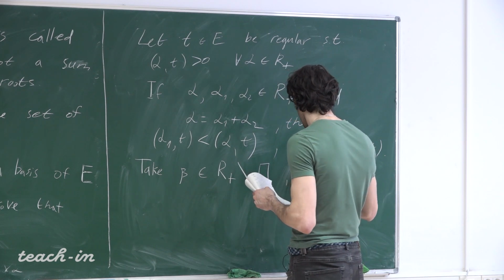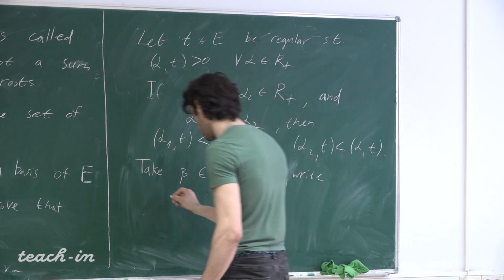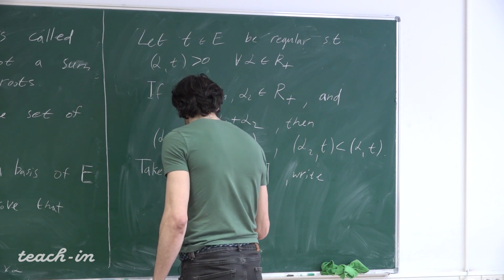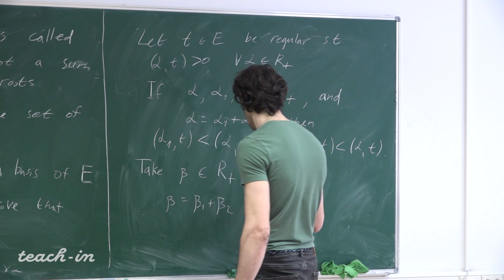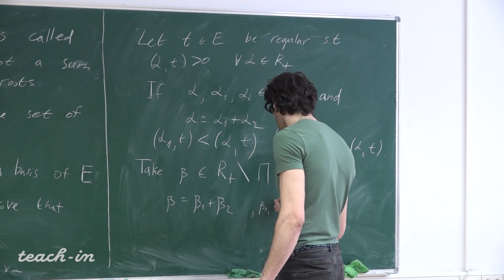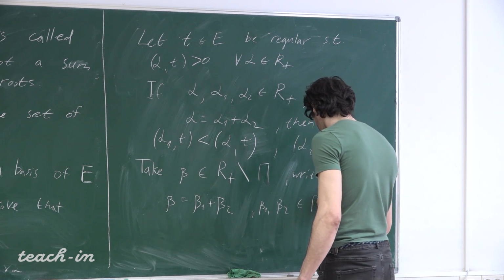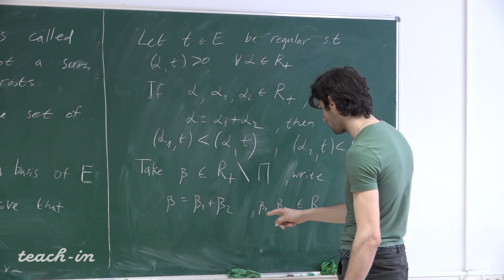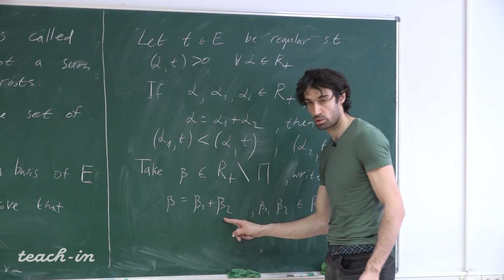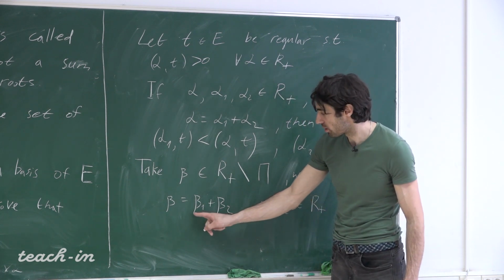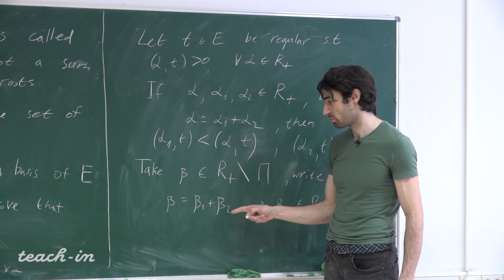Then we can write beta as a sum of two positive roots, beta 1 and beta 2. If both beta 1 and beta 2 are simple, then we are done. If one of beta 1 or beta 2 is not simple, then we continue.